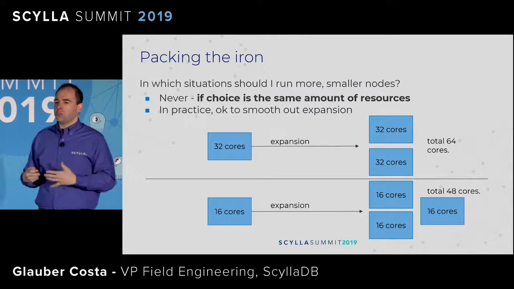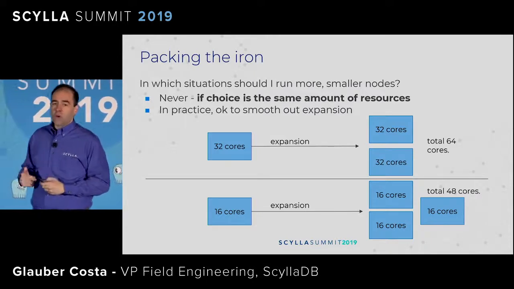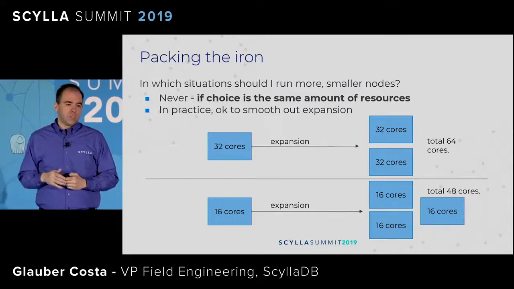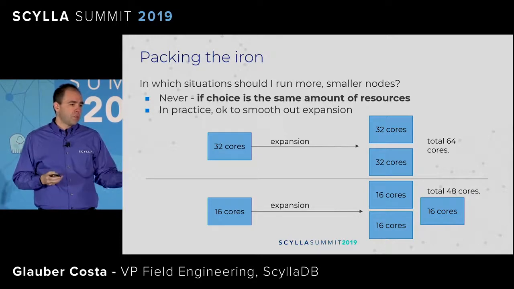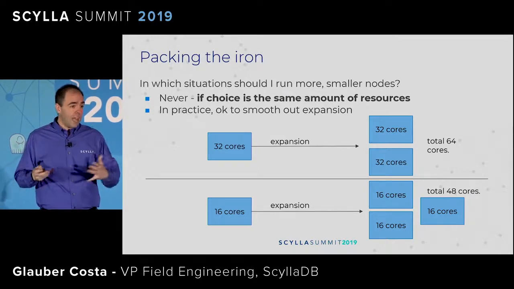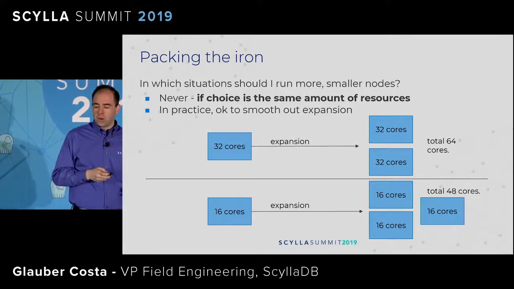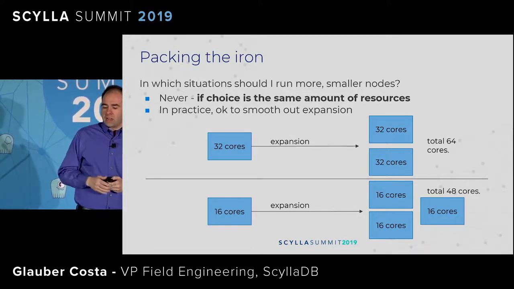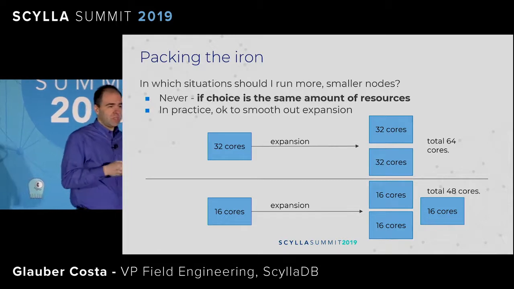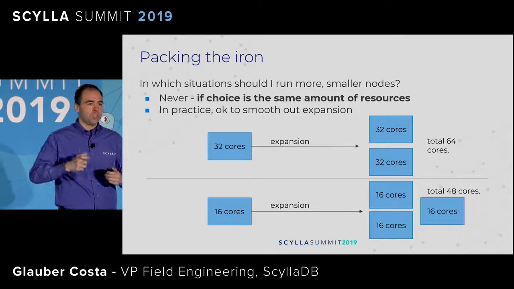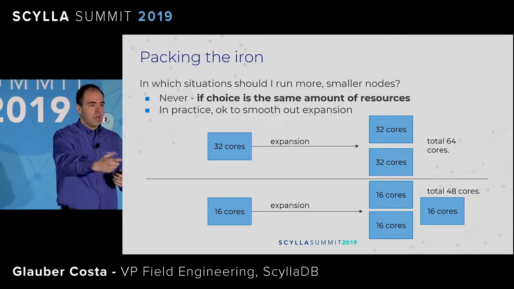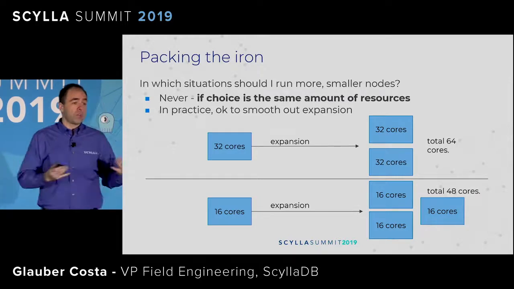Because I want my nodes to be the same size, I am forced to go to 64 cores total, unless I go heterogeneous, which isn't great. So in this situation, it's actually okay to try to run smaller nodes, because when I expand, for instance, if I'm packing this on 16 cores, I can add a new machine with 16 cores, and that takes me to a total of 48 cores.